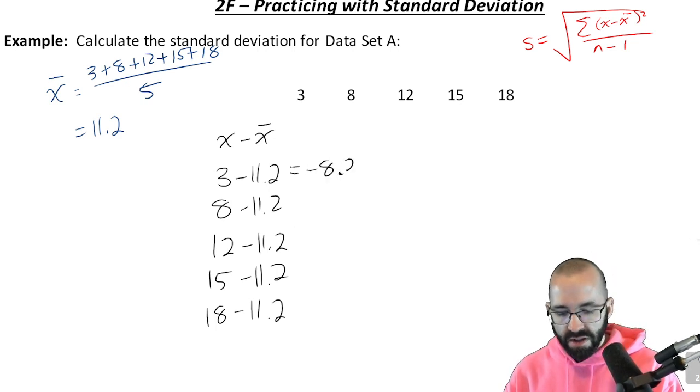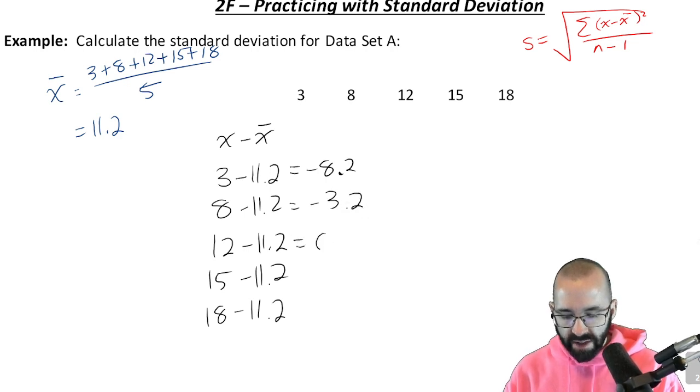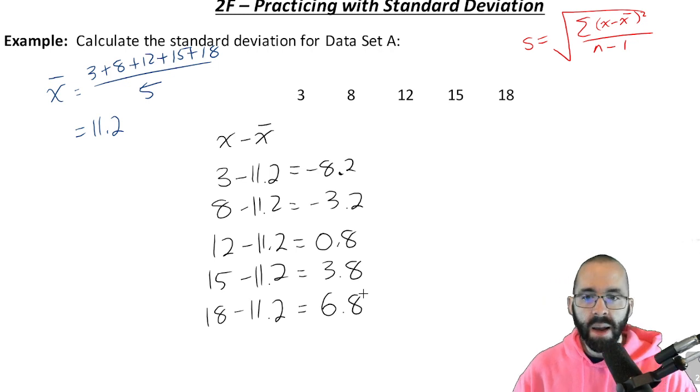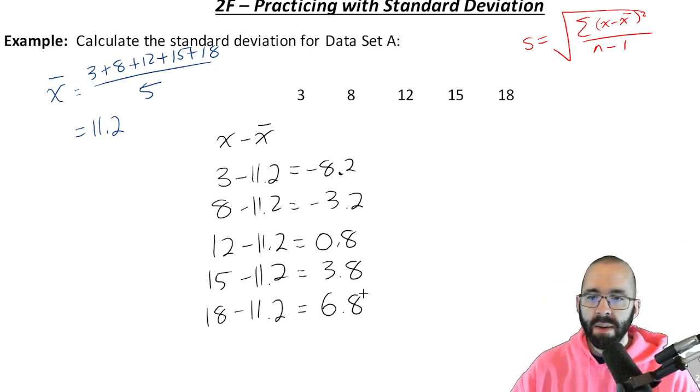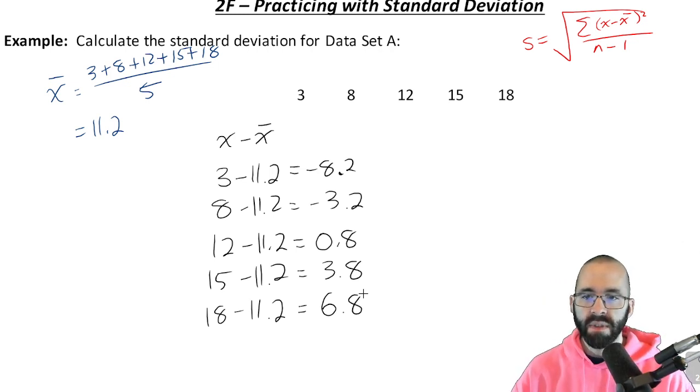That'll be negative 8.2. That'll be negative 3.2. That'll be 0.8. That'll be 3.8. And this will be 6.8, I believe. Let's double check our answers real quick.